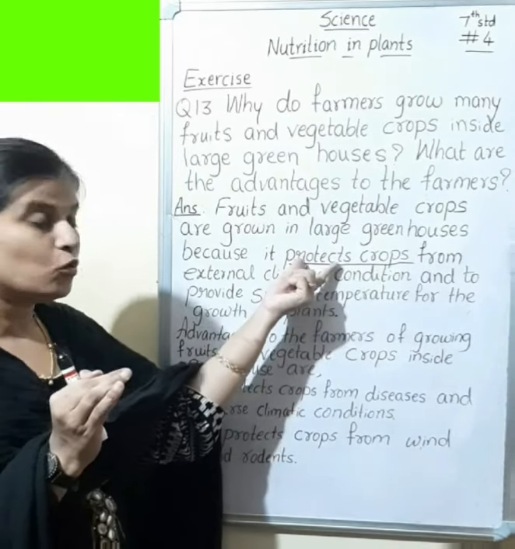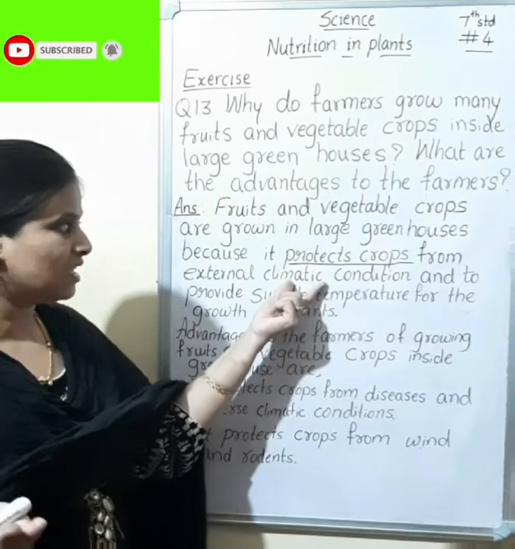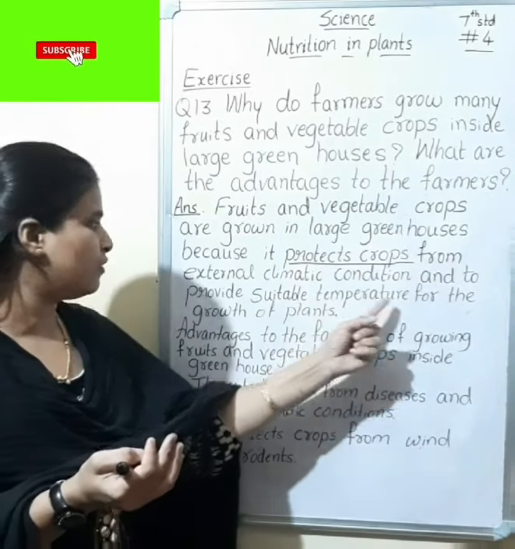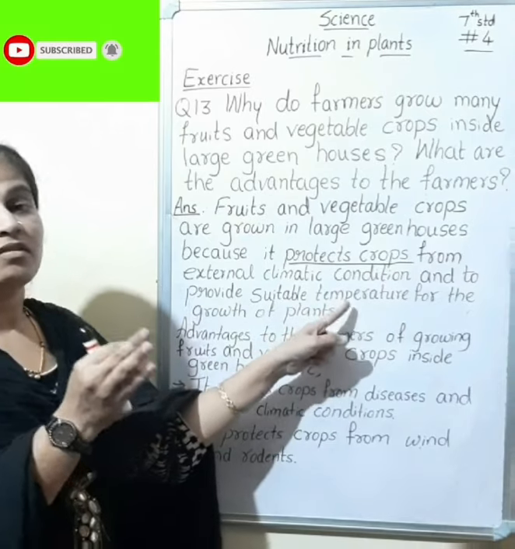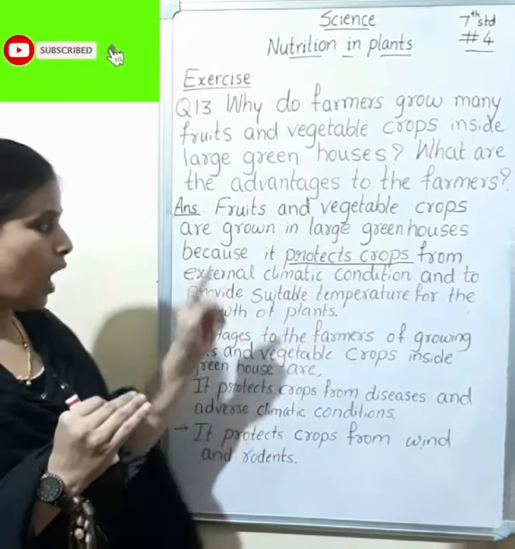So there will be no harm to the crops from outside, and it provides suitable temperature for the growth of plants. So these crops can get suitable temperature in the greenhouses.